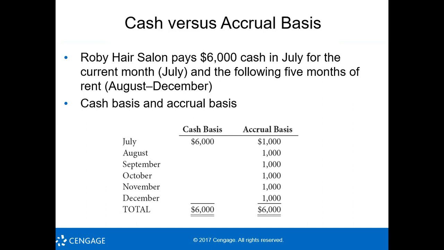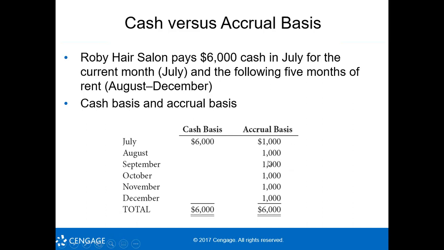Our rent is $1,000 a month. And it's just showing us here how we would record that expense. If we were using the cash basis, we would record that entire expense in July, whereas with the accrual basis, we would record $1,000 rent expense each month.